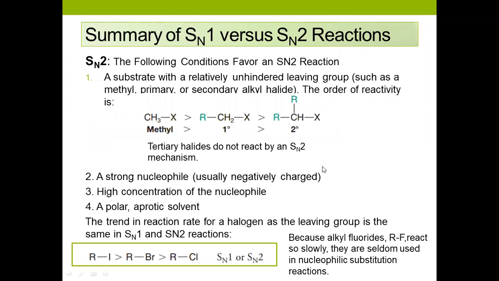And SN2: the substrate favors methyl, primary and secondary. We use a strong nucleophile, a high concentration of nucleophile, and a polar aprotic solvent. The trend in reaction rate for halogen leaving groups is the same for SN1 and SN2, regardless of the mechanism.